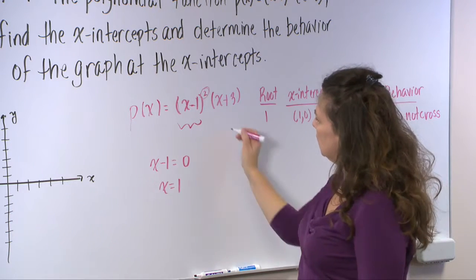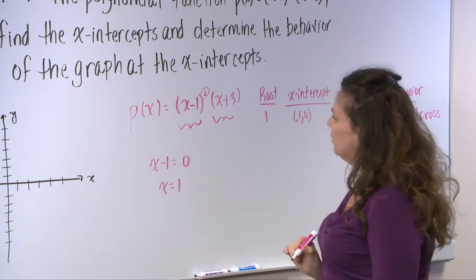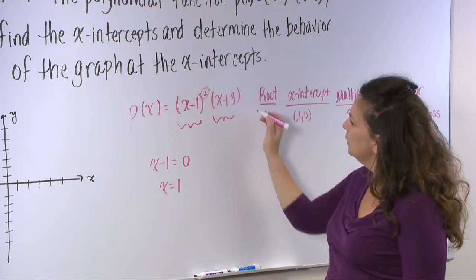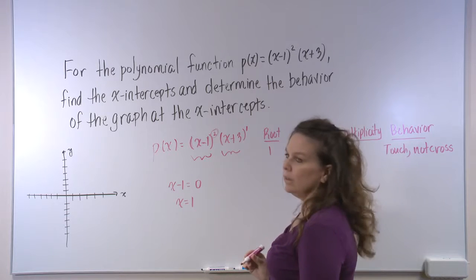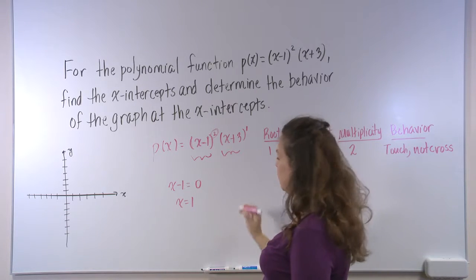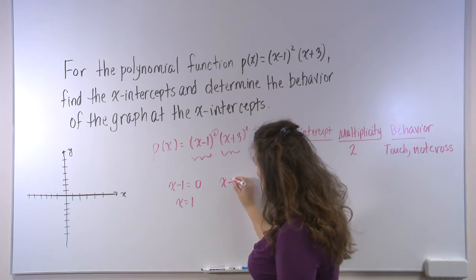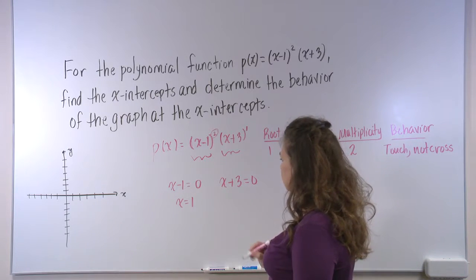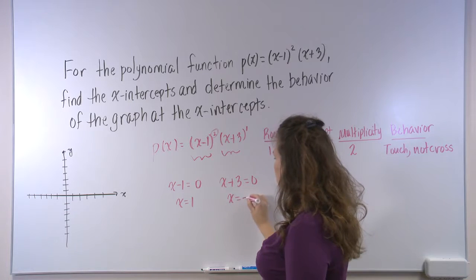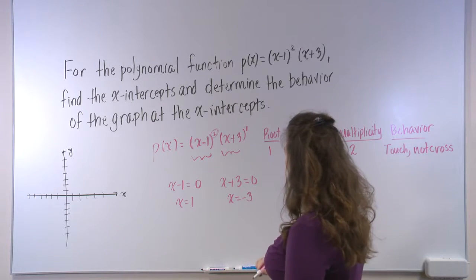Now, for the next factor, we have x plus 3. The corresponding exponent here is 1. This factor occurs once. So we have x plus 3 is equal to 0. Solving this for x, we find that x is equal to negative 3.